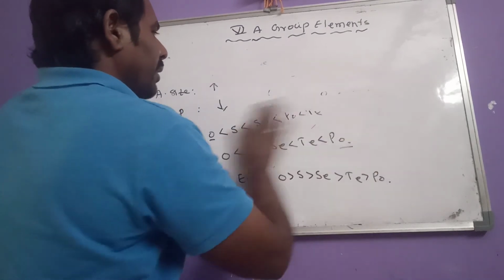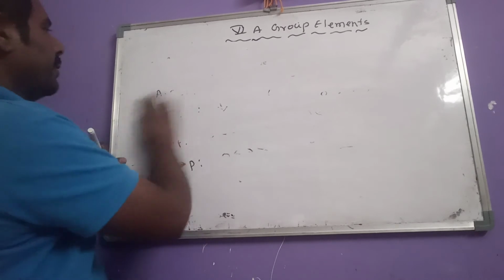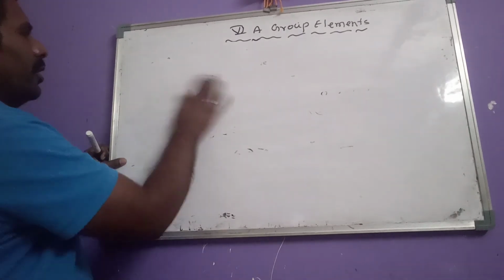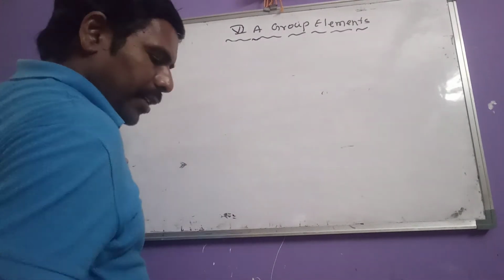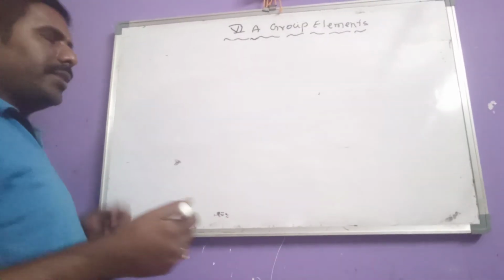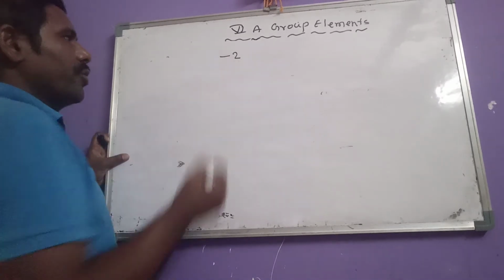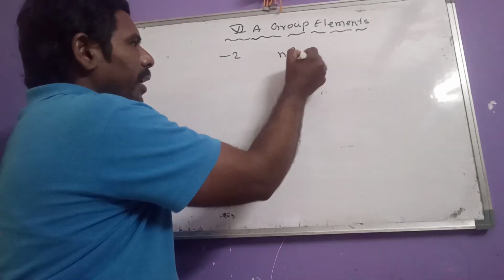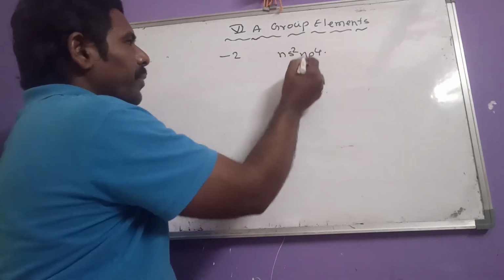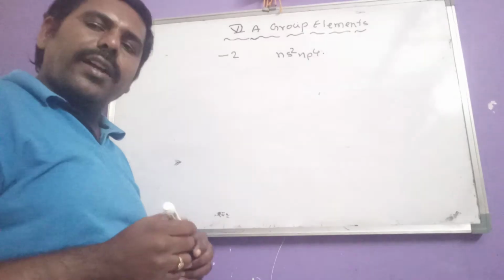Thereafter, let us go for oxidation states of chalcogens, that means 6th group elements. So what are the common oxidation states? Common oxidation state is -2, because due to the ns2 np4 configuration, by gaining 2 electrons they get into octet configuration.